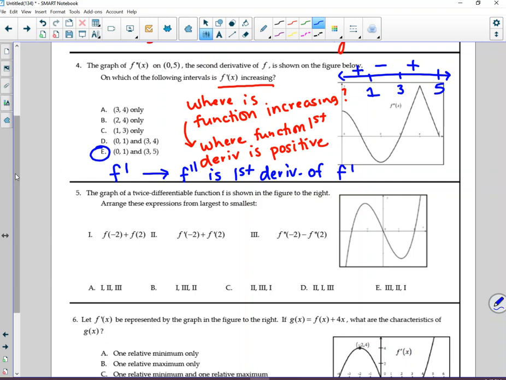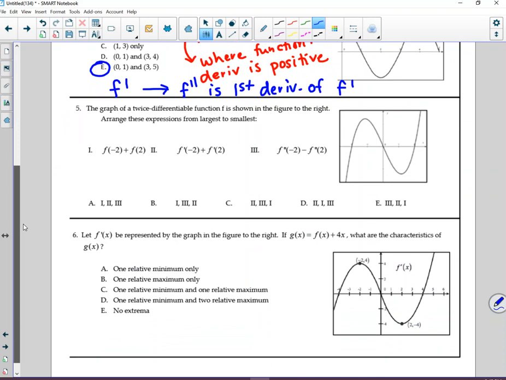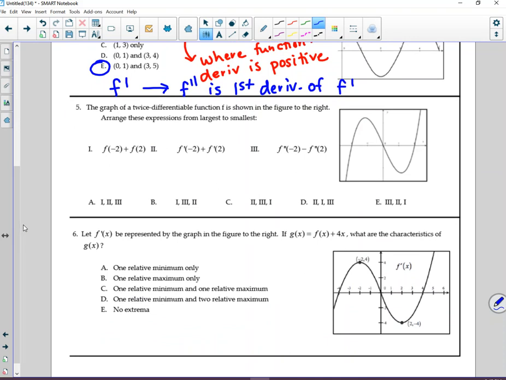These are all AP questions from past AP exams, so some of them definitely have little twists and turns to them. Let's take a look at number 5. We have 3 expressions. We have to figure out which one's the largest, which one's the smallest. Oftentimes with this kind of problem, especially when we have 3 of them, one of them would have to be negative, one of them would have to be positive, and one of them would be 0.